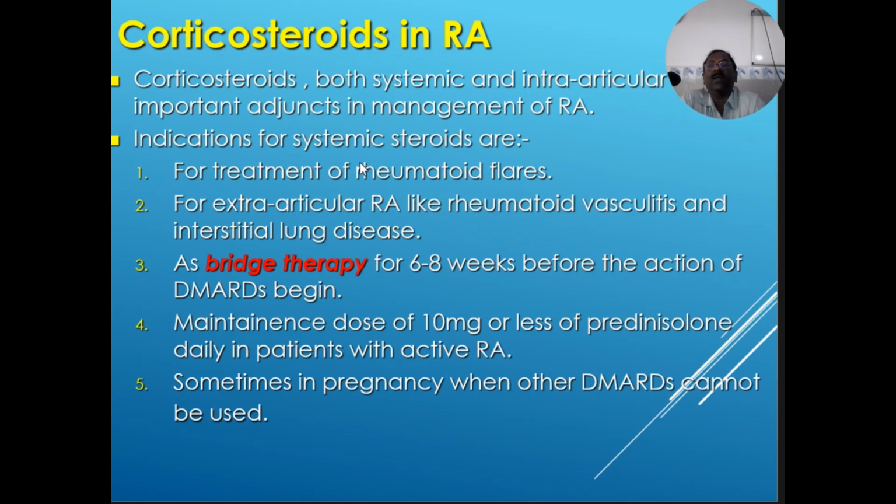Both systemic and intra-articular steroids are used in rheumatoid arthritis, in two or three ways in fact. One is oral, the second is injectable when the patient is in crisis, and the third is in vasculitis. So we use Solumedrol 500 milligrams or 1000 milligrams once a day for at least 3 to 5 or 6 days.